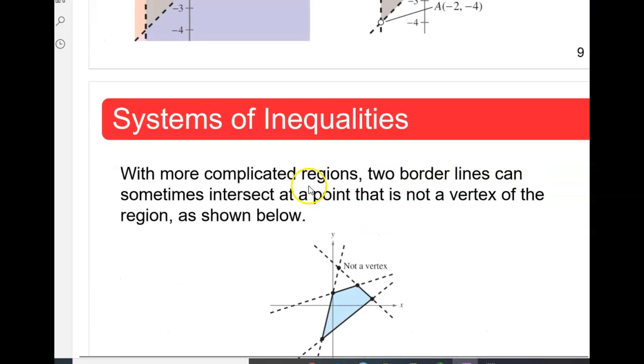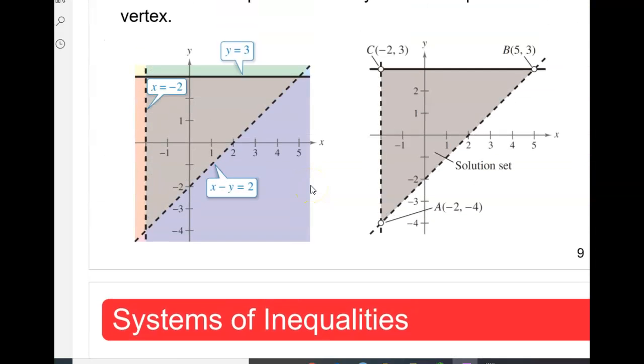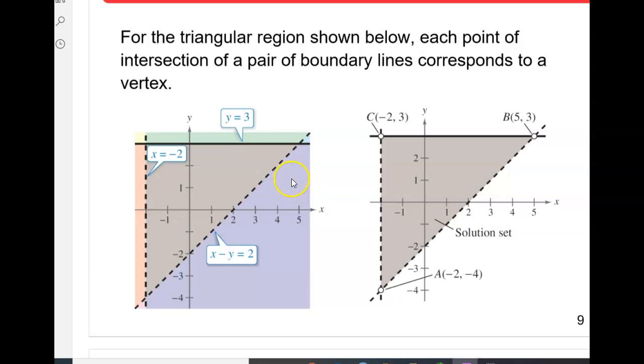Now, I believe on WebAssign, when you graph the solution to your system of inequalities, you don't need to graph all of the inequalities one at a time. You just graph the very last one. You graph all the lines, whether they're dashed or solid, but the only region that you will color will be the one where all the colors intersect.